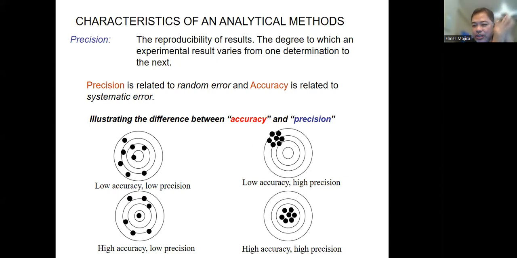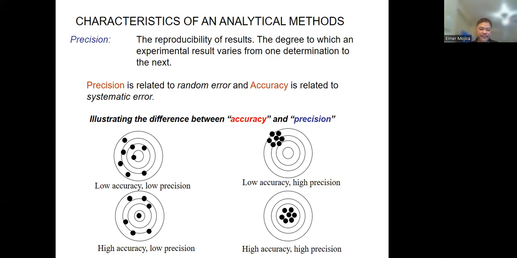Nearness of data with one another. Typically, an analytical data, they tend to be what? If I ask you, which do you think is easily obtained? A precise data or an accurate data?